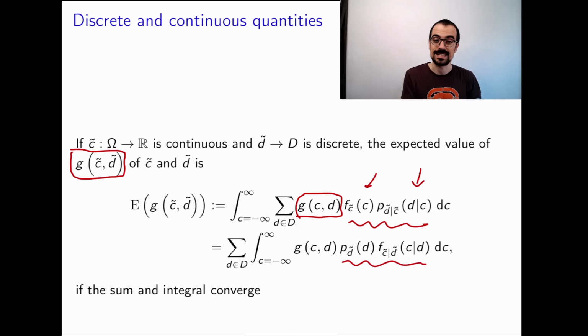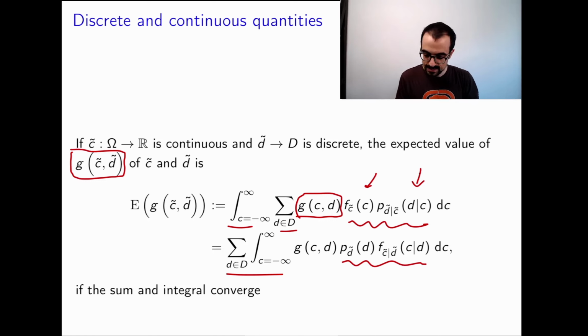Both of these are exactly the same by the chain rule for continuous and discrete random variables. And then we integrate and sum over all the possible values. Again, it's exactly the same argument that we used before.